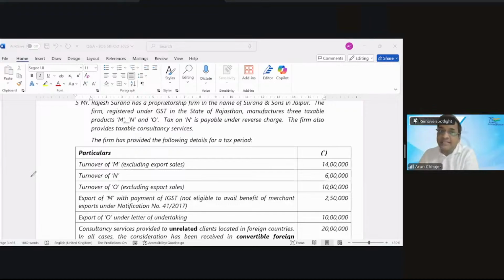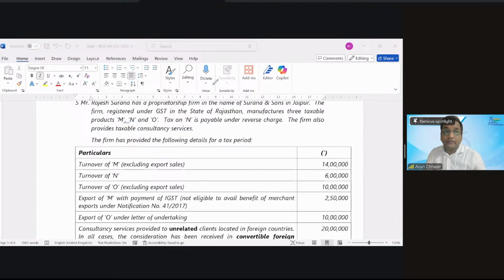Therefore, this RCM is nothing but T4, which does not fall under C2 and does not require reversal of common ITC. Is this point clear?